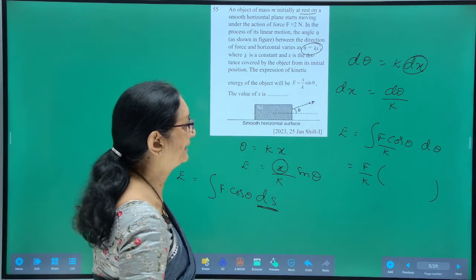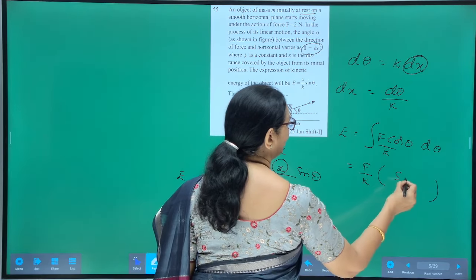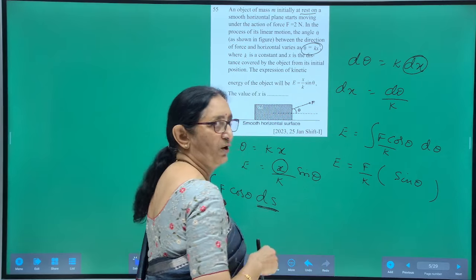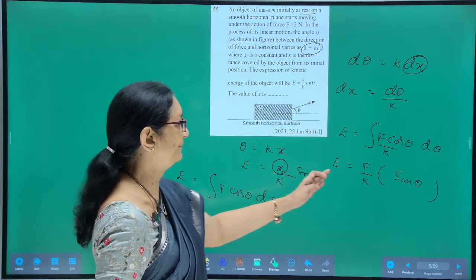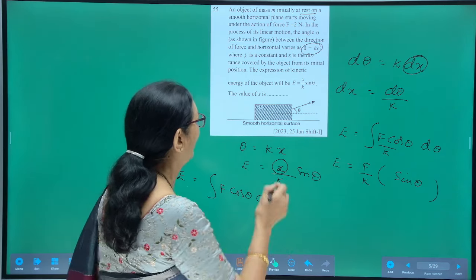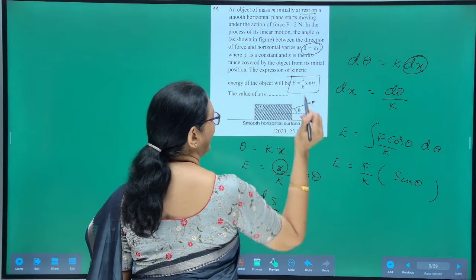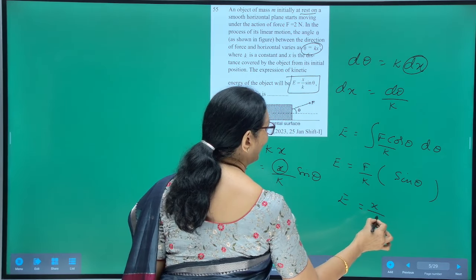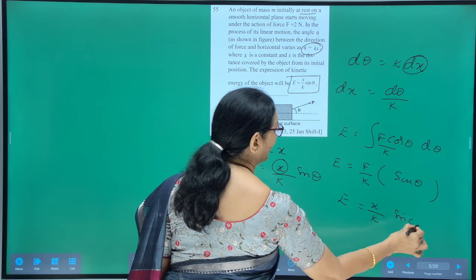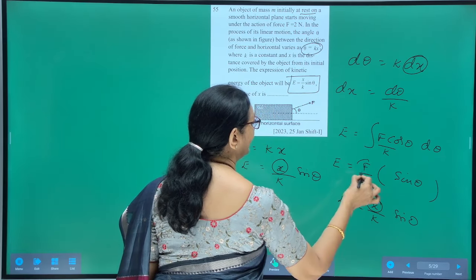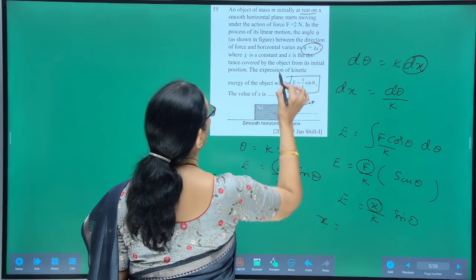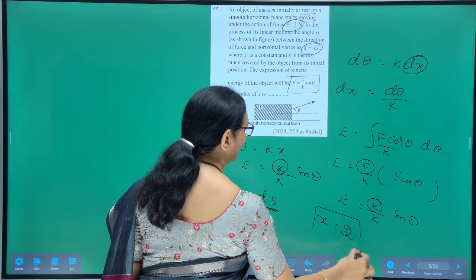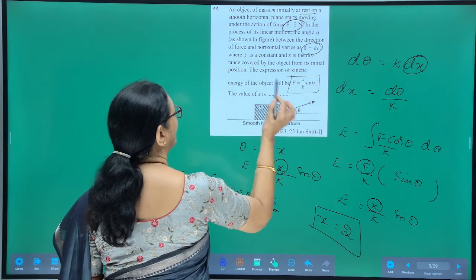Integral cos theta d theta is sin theta. So, this is the expression we got as per the relation between theta and x here. But the final expression they gave us is E is equal to x by k sin theta. On comparison, x is equal to F, which is given as 2 Newton here. So, the value of x is equal to 2 here.